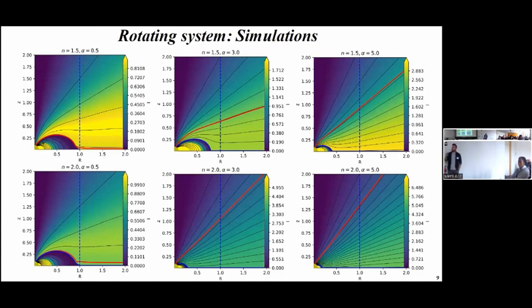Now, if we apply non-linear current distribution at the region of the closed magnetic field lines, with, for example, n equals 1.5 and n equals 2, then we would see that the magnetosphere starts to inflate and more previously closed magnetic field lines become open and cross the light cylinder.